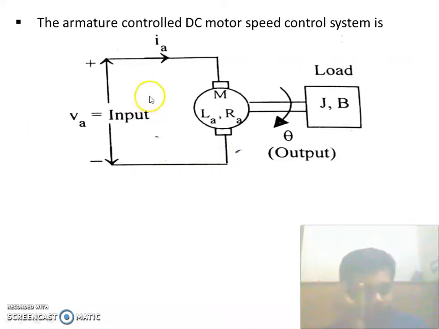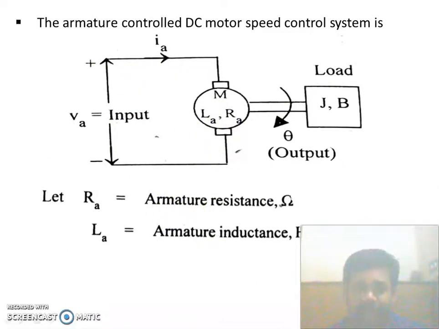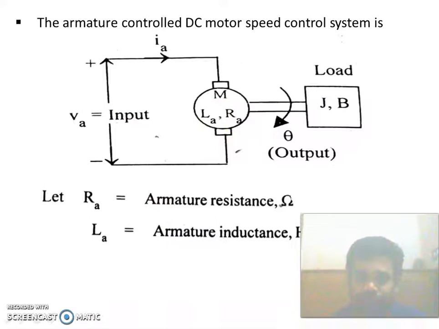The armature controlled DC motor speed control system is shown in the figure. IA is armature current, VA is armature voltage, RA is armature resistance, and LA is armature inductance.